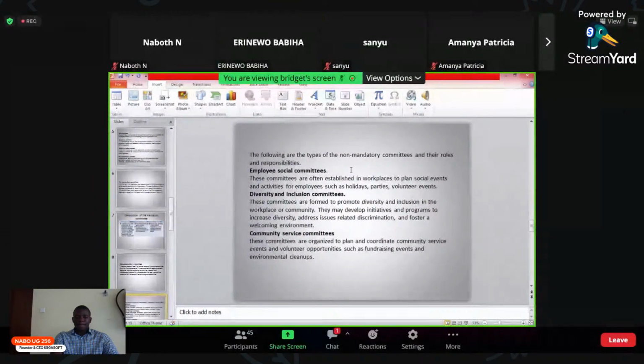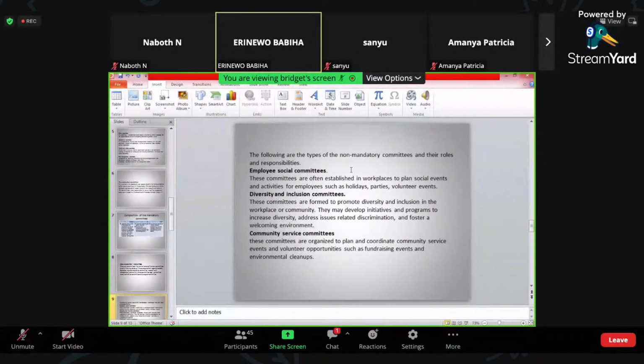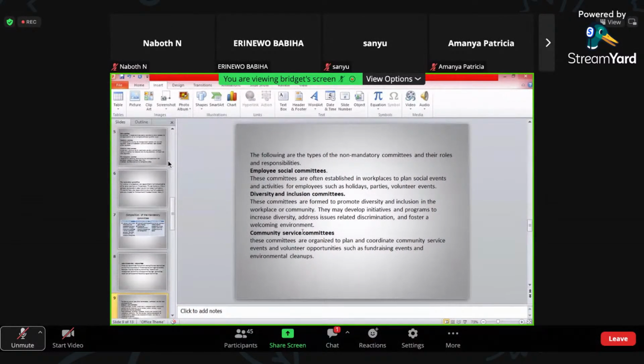These committees are often established in workplaces to plan social events and activities for employees, such as holidays, parties, volunteer events. Mainly, these committees are meant to help improve the employees' well-being or make them feel comfortable in organizations.